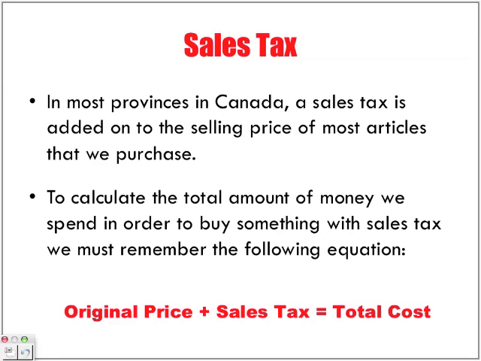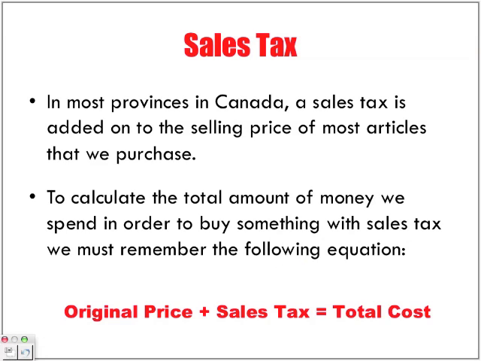If the tax is 13%, we don't just throw the number in there. We have to convert that percentage of the sales tax into a dollar value. In other words, we're going to try to find the percent of a number.